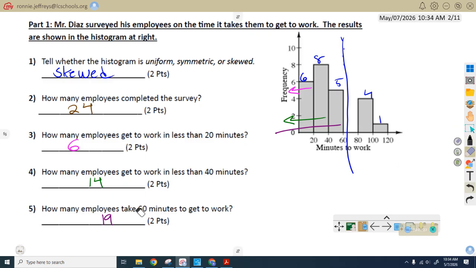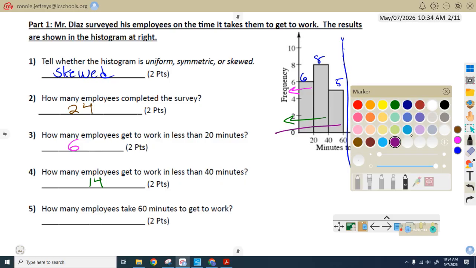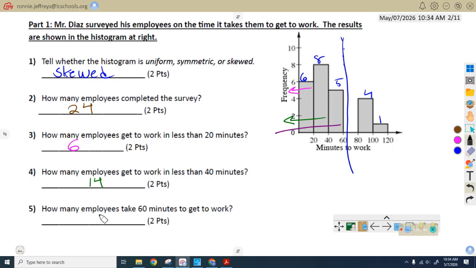All right, so let's see if this was 6 and then 8. So 60 would be what? What'd you get? Okay. I might have read it wrong. Sometimes I make stuff wrong on purpose, so see if anybody's paying attention. All right.